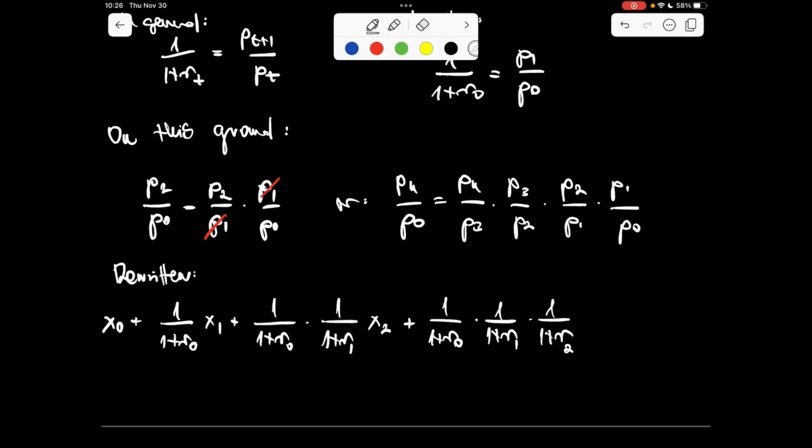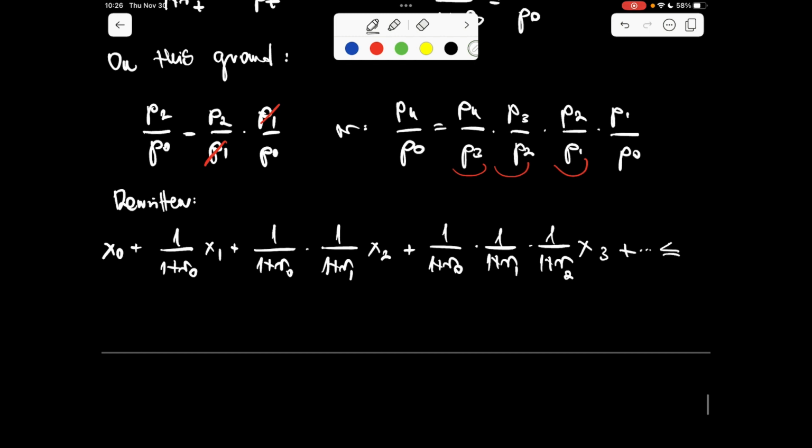So you can realize that these are the price ratios of the consecutive periods. So this is the reason why we can apply this beautiful recursive formula.